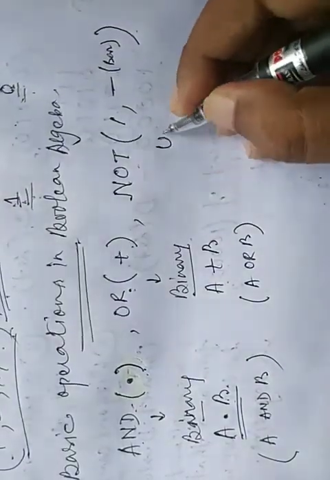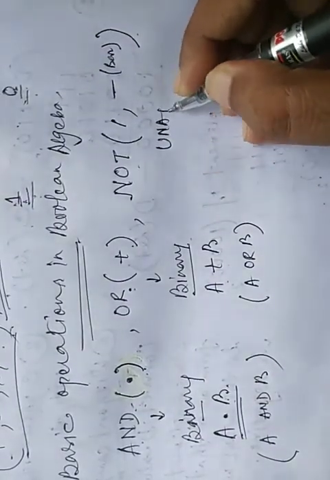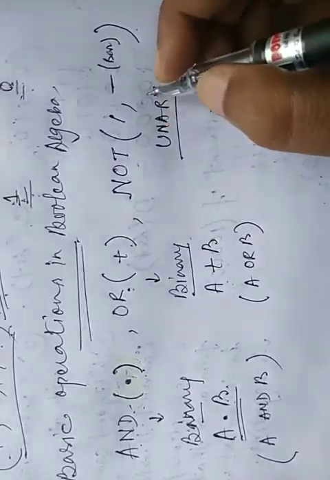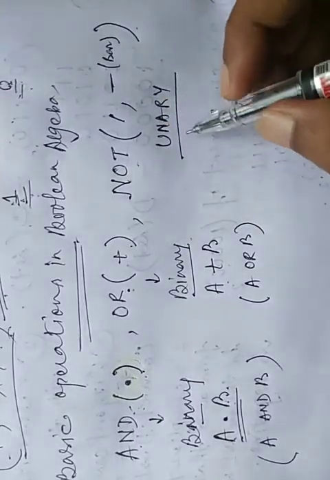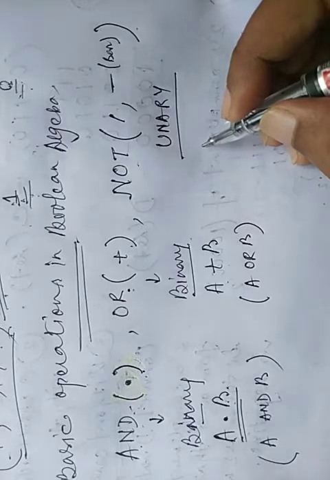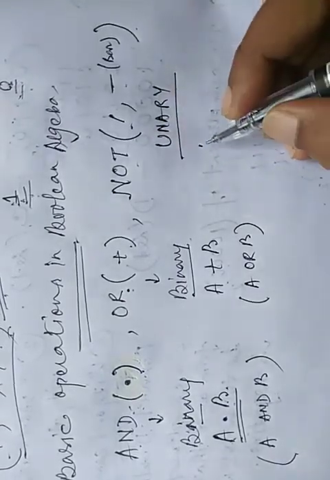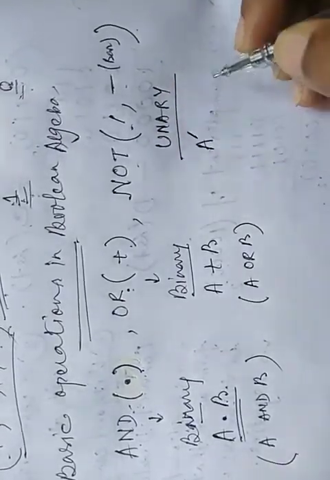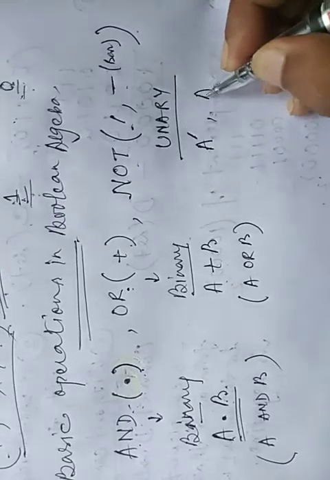And NOT is a unary operator. That means it works on a single operand. It is denoted by two symbols, either A dash or A bar.